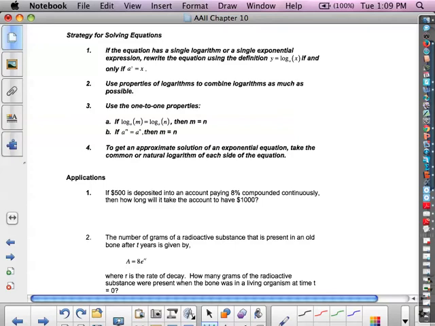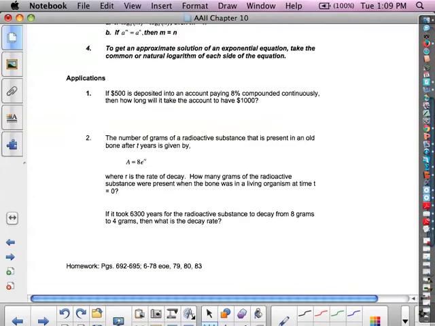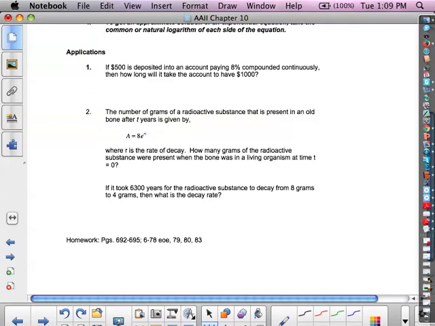Now we have just a few applications problems, and for those we're going to use just a few equations. For financial problems, continuously compounded interest is A equals P e to the rt.